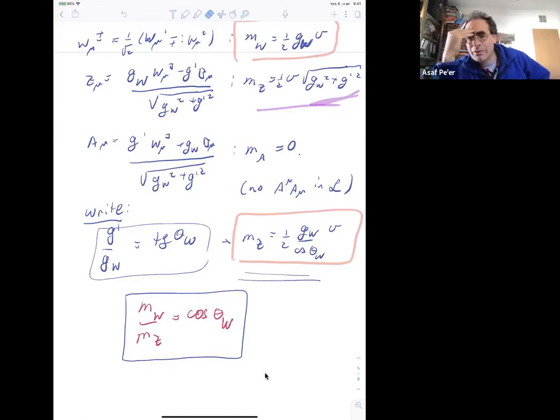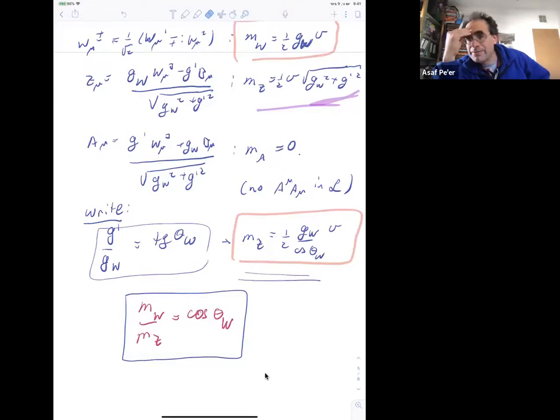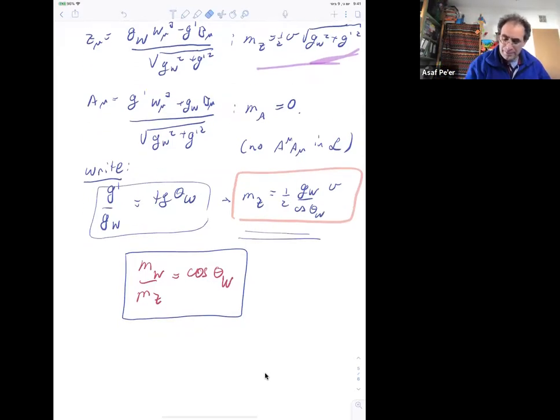I would always get one which is massless, because I build the theory such that I'll have one which is massless. And this one will always be not just massless but also neutral. Yes, I require that. But this I get for free. I get the ratio of the masses, right?